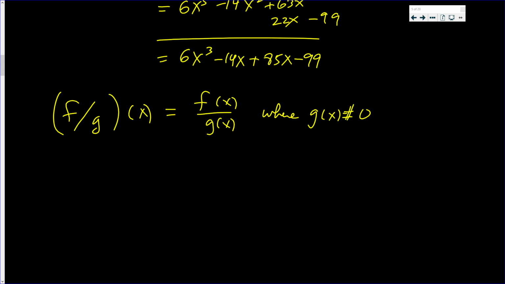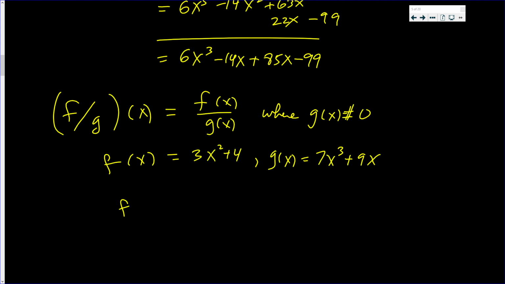So, for example, if f of x was 3x squared plus 4, and g of x is 7x cubed plus 9x, then f over g of x, well, it's defined to be f of x over g of x.